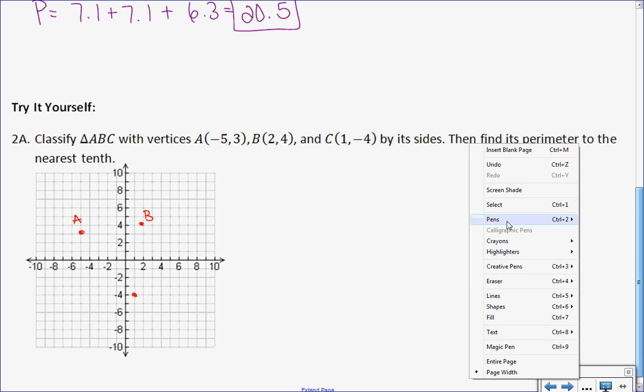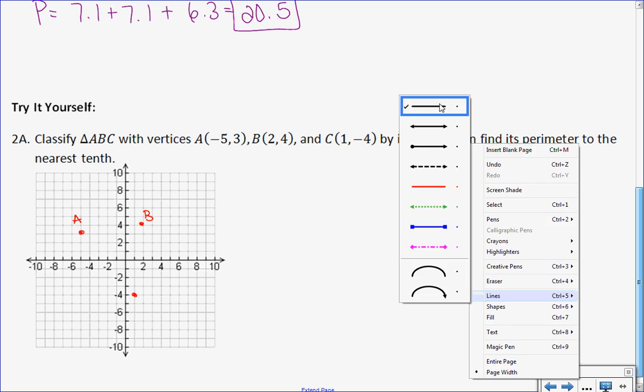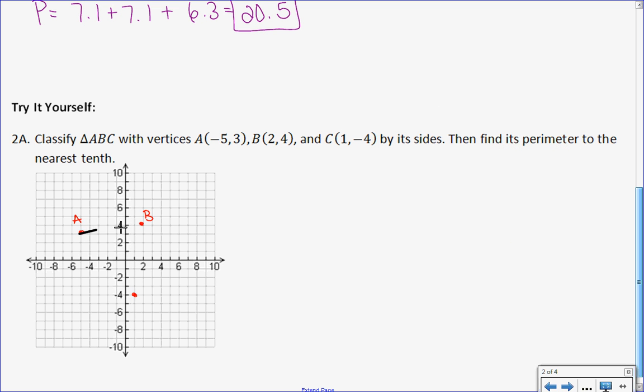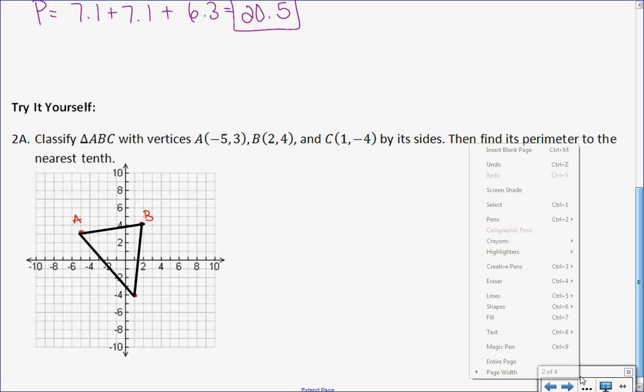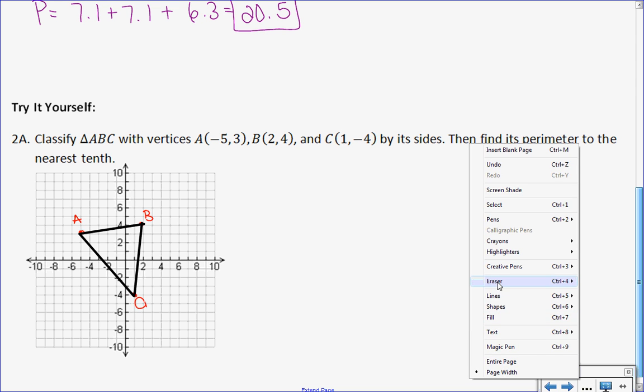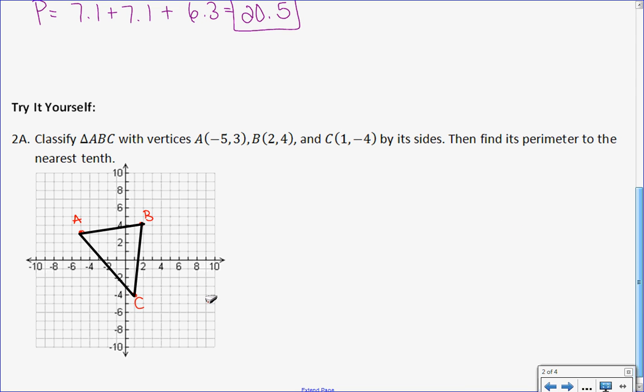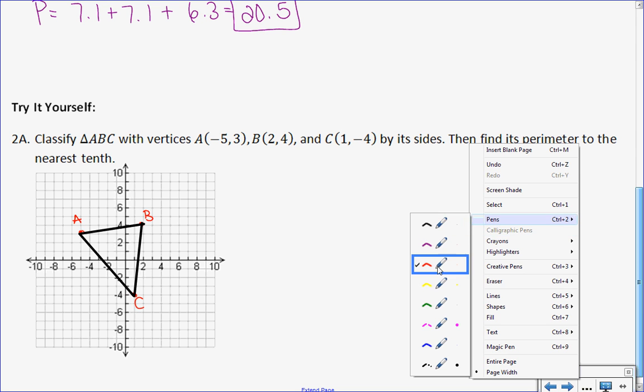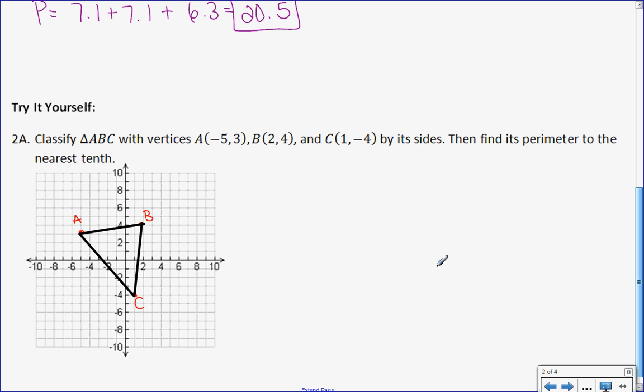Okay, so here's your triangle. If you graphed it, this is what it should have looked like. Oops, I forgot to label point C. Alright, for the lengths of each side, from A to B is 7.1.